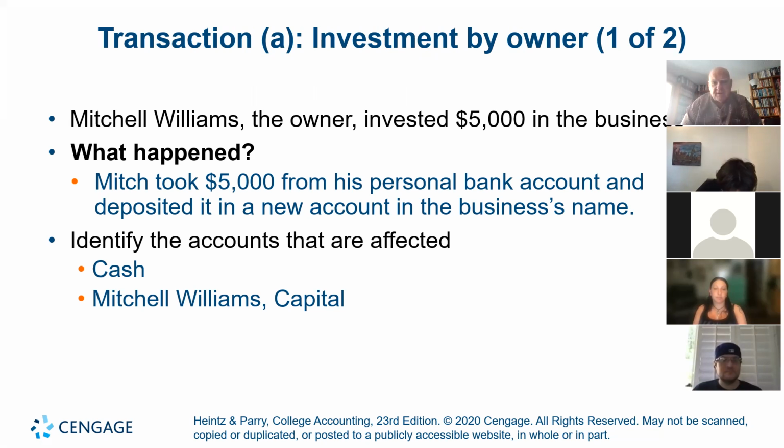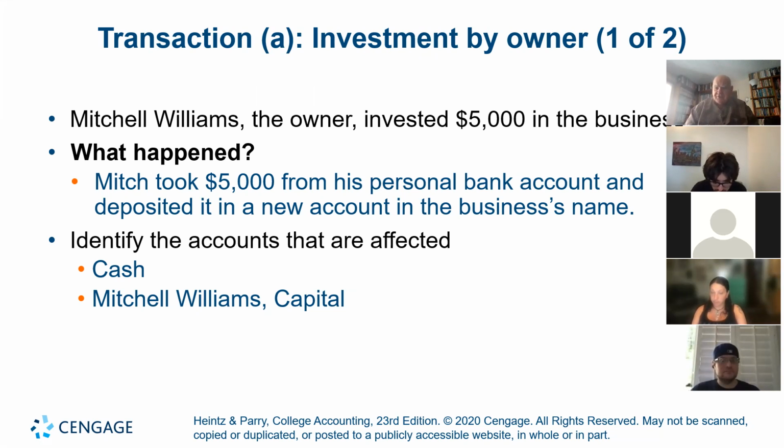Mitch Williams invested money in a business. Transaction A, investment by owner. Mitch Williams is the owner. He started a business. He took $5,000 out of his own bank account and he opened up a bank account for the company. He put the money in that bank. That's a transaction.